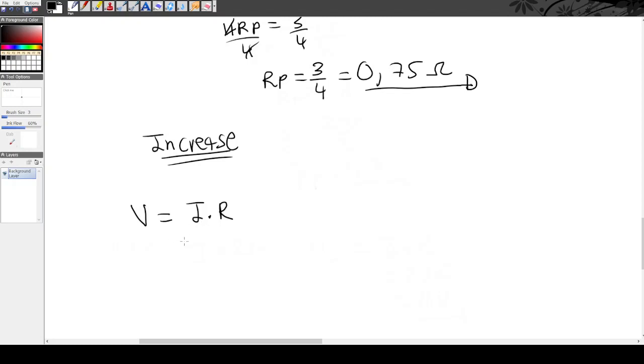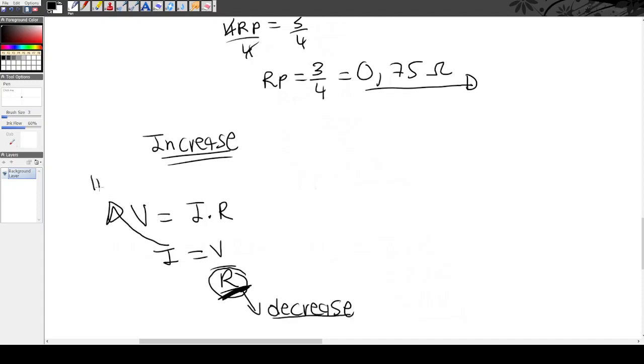So in other words, current is equal to V over R. If R decreases, because if we add more resistors in parallel we are decreasing the total resistance of the circuit, I will increase.